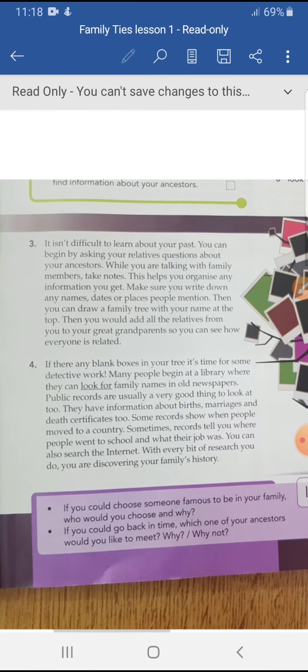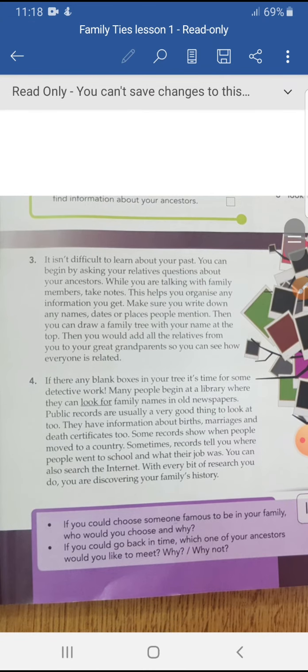Here in paragraph 3 shows us a way of gathering information together to know more about our ancestors.